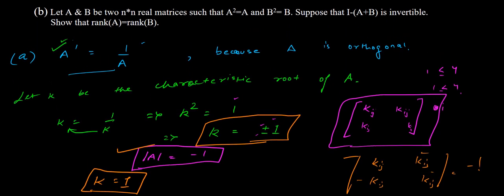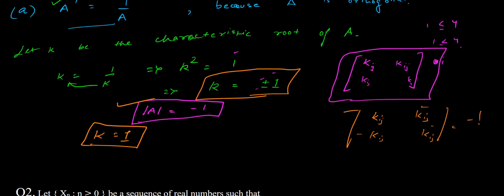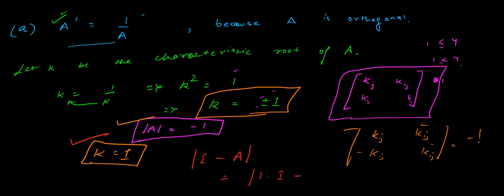In this equation, what we needed to find is the determinant of the identity matrix I minus A, equal to 0. So let us write that here: identity matrix I minus A. Here we can see that K is equal to 1.